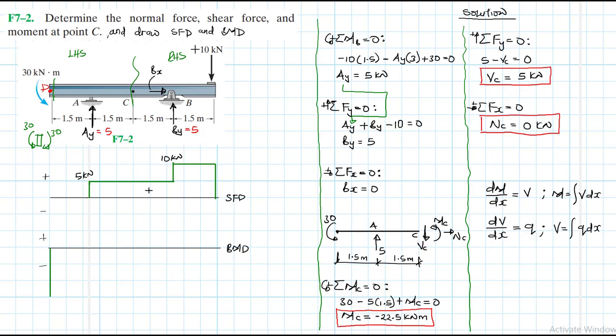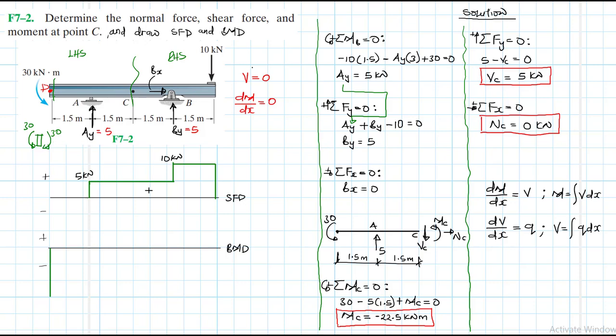The shear force between D and A is 0. So shear is equal to 0. We don't have any shear, and therefore the slope for the moment is also going to be equal to 0.